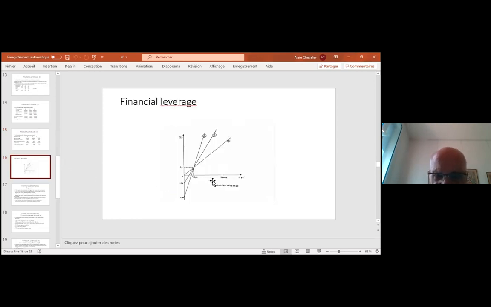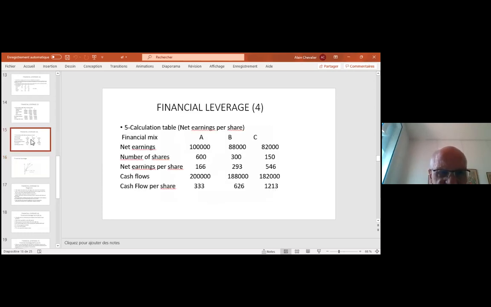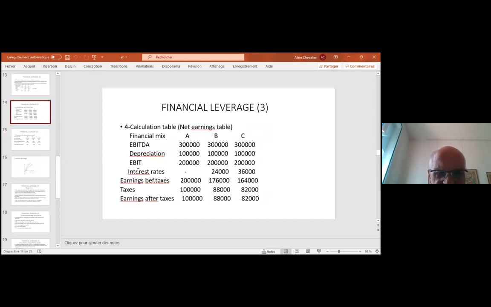So you are able to put that point on the graph. But if you want a second point on the line, the easiest thing to do is to say, okay, now let's come back to the calculation here. And for this calculation, I start with my hypothesis. I've got an EBIT which is equal to 0.